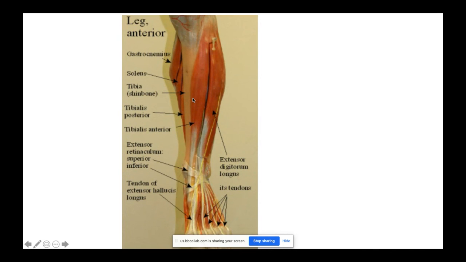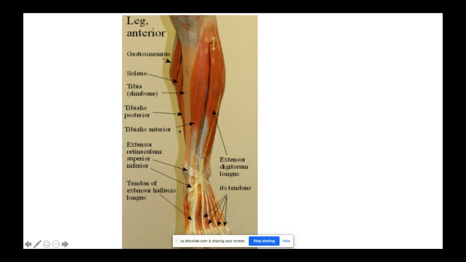And then the posterior leg muscles cross the ankle. So any of these muscles in the front that cross the ankle, they dorsiflex the foot. And anything on the back side, plantar flex the foot.